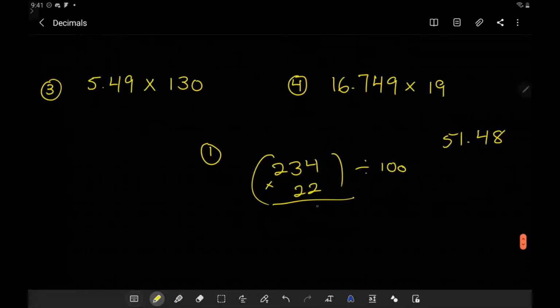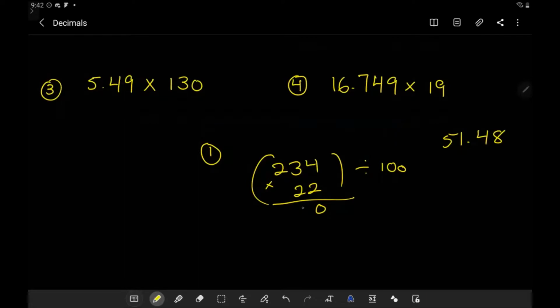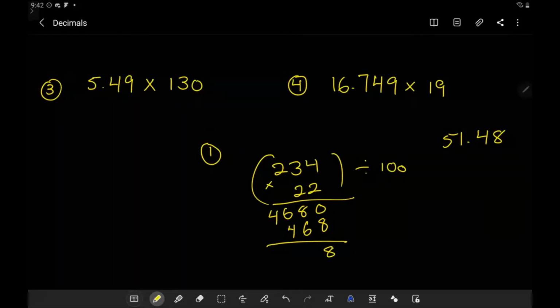Multiplying usually, we put the 0 here because we're multiplying by something in the tens column. 2 by 4 is 8, 2 3s are 6, 2 2s are 4. 4 2s are 8. So we get 8 here.